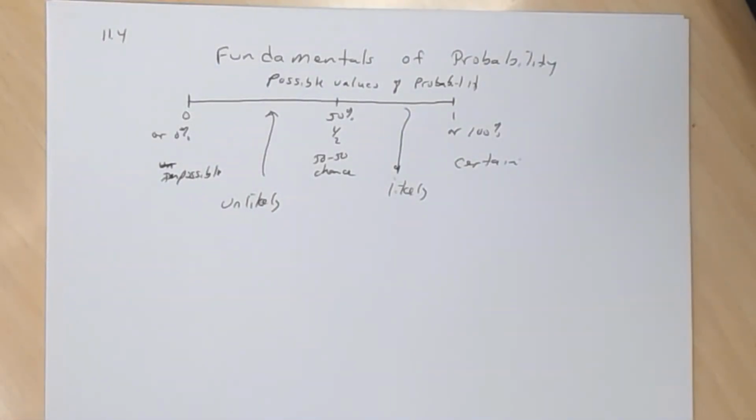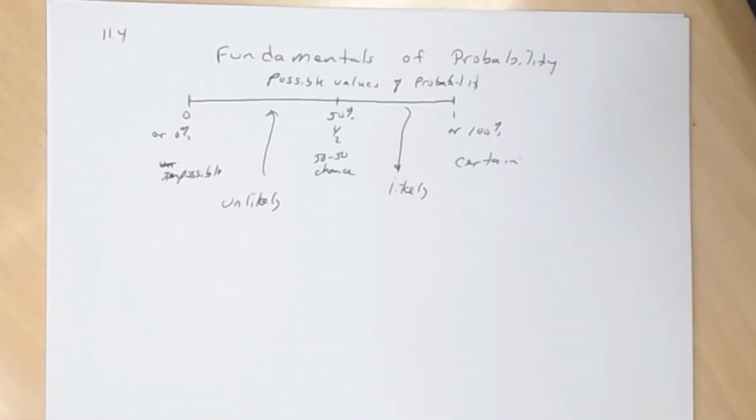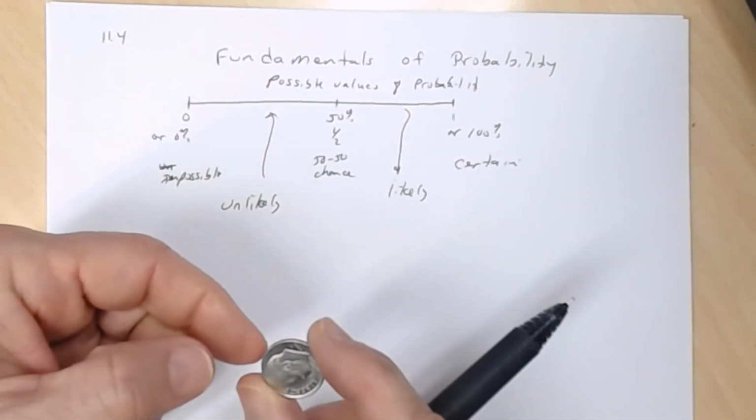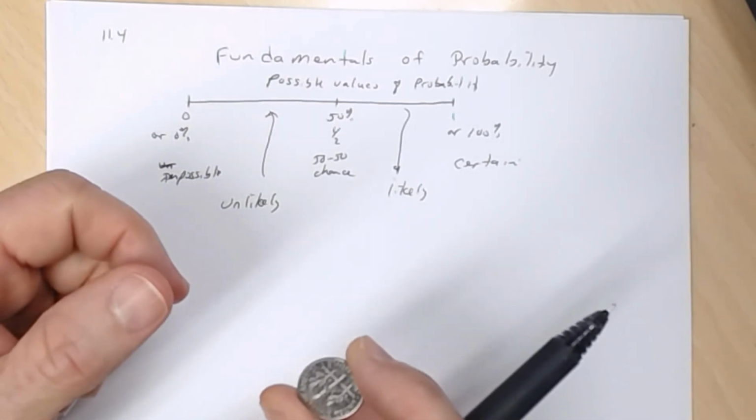Okay, let's talk about some definitions. Suppose we have a coin. You know that in football they always toss a coin, and you have your heads, and on the other side you have your tails.